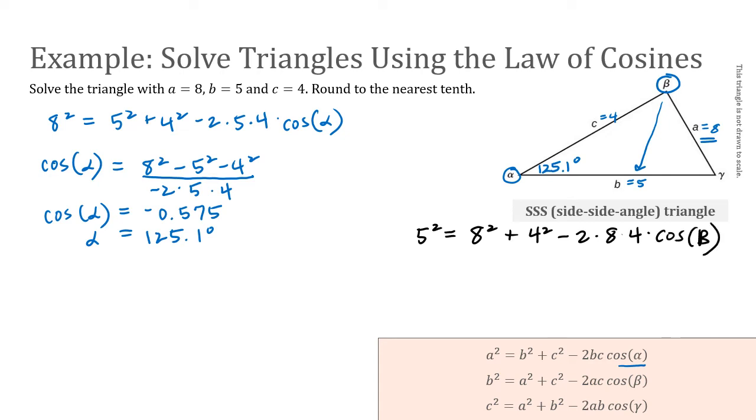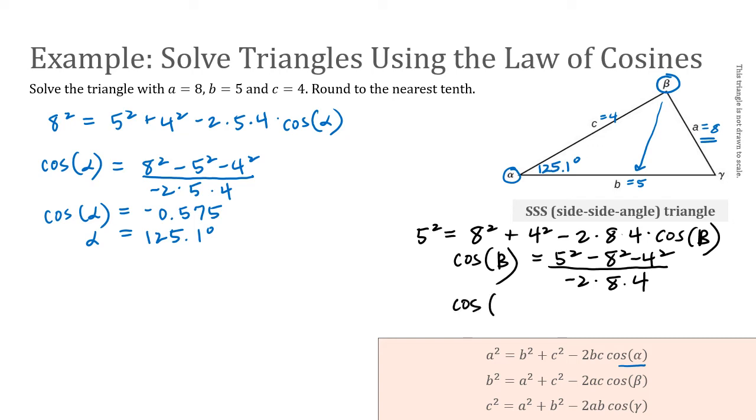So the cosine of beta is going to equal 5 to the second minus 8 to the second minus 4 to the second all over negative 2 times 8 times 4.